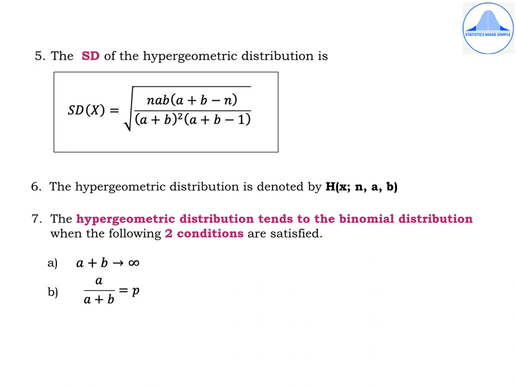The seventh property: the hypergeometric distribution tends to the binomial distribution when two conditions are satisfied. The first condition is that a plus b should tend to infinity, and secondly, a divided by a plus b should be equal to p.